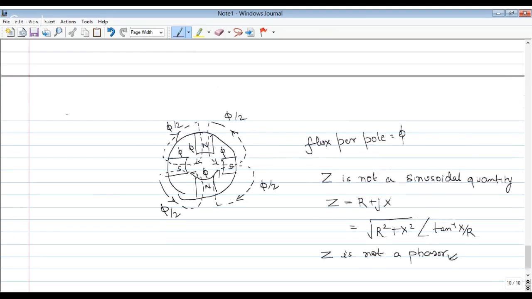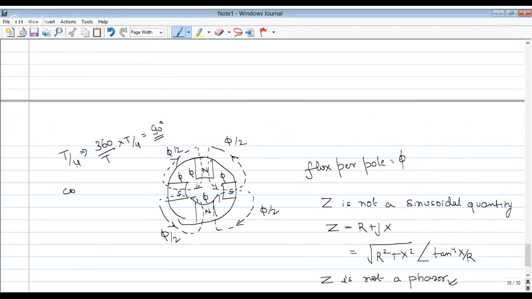Yes, because if you try it in terms of angle, 360 by T into T by 4 is 90 degrees. With 90 degrees, cos will be converted to sine and sine to cos, hence A_K becomes B_K and B_K becomes A_K. I have explained Cooper, actually I missed that doubt. So I have now explained it. Okay, let me see other doubts as well.